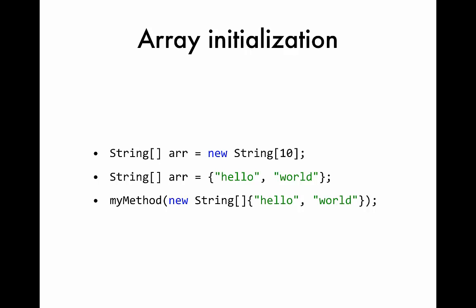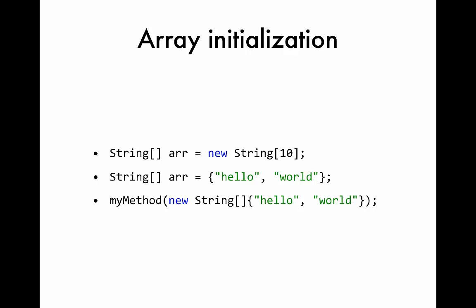We declare a variable of the array type we want. Here we're using string. And then we say new string, or whatever type we want the array to be, and then we put the number of elements we want the array to have in brackets. Okay, so we've just declared an array of 10 strings.